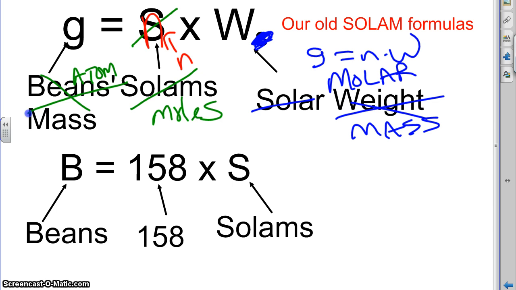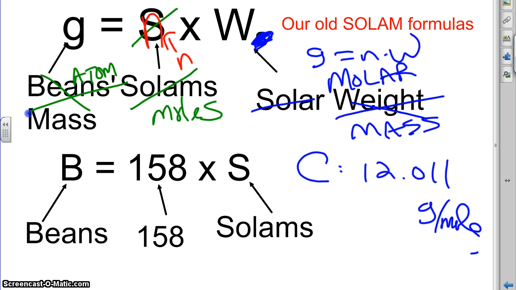Now, how did we get the SOLAM mass before? Well, we looked at a chart that we had produced. How are we going to find molar mass? Well, the same way, we're going to look at a chart. If you want to know the molar mass of an element, you're going to look at the periodic table. For example, if you're doing carbon, you would look it up and you would see that its molar mass is 12.011 grams per mole.